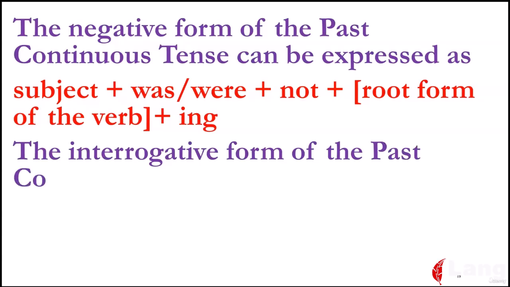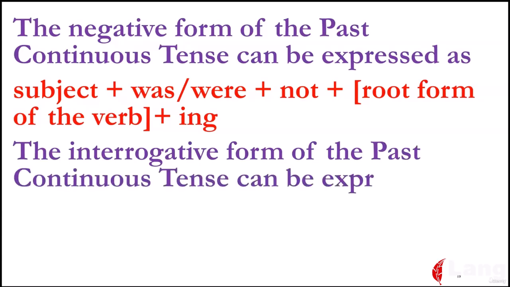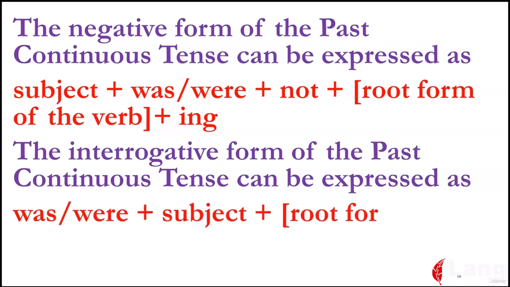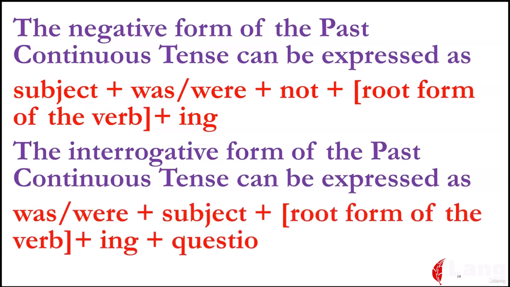The interrogative form of the past continuous tense can be expressed as was or were plus subject plus root form of the verb plus ing plus question mark.